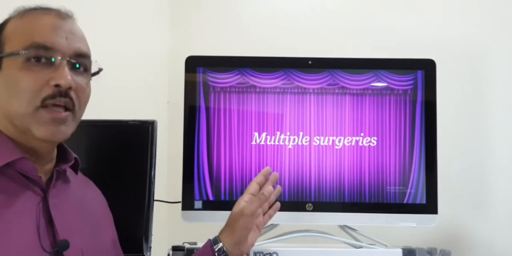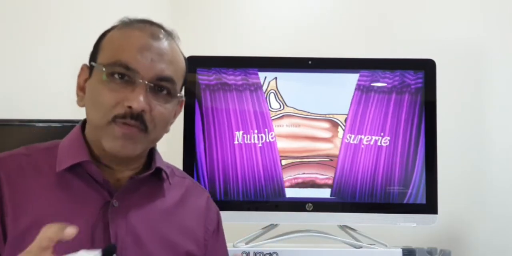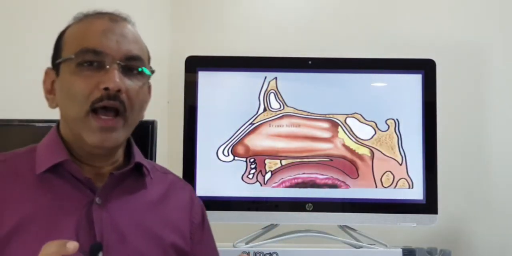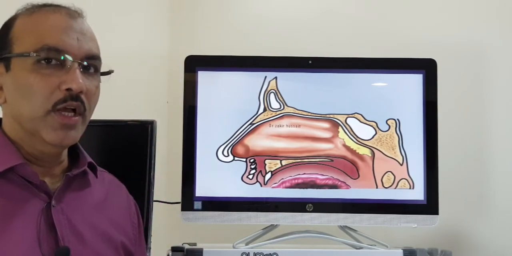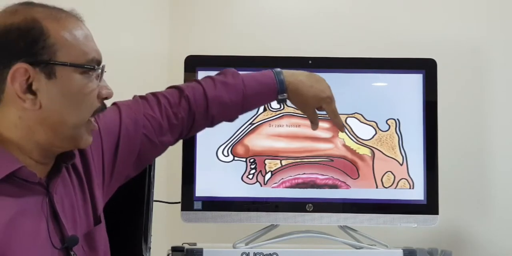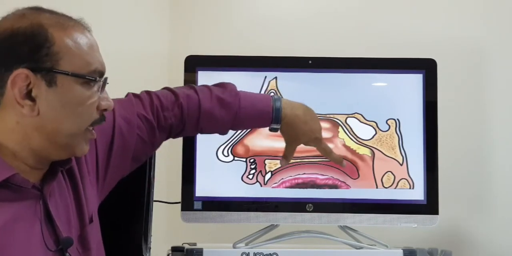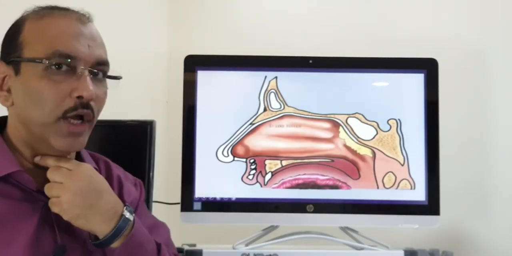Now, the multiple surgeries to be done. Let us see the different types of surgeries to be performed. If you watch part 1 of obstructive sleep apnea, you will see that the obstruction can be in the nasal cavity, or behind the nose, or at the mouth, or behind the mouth, or lower down.